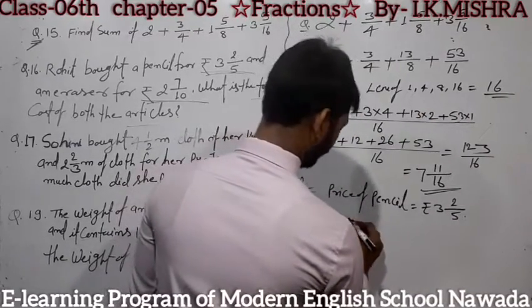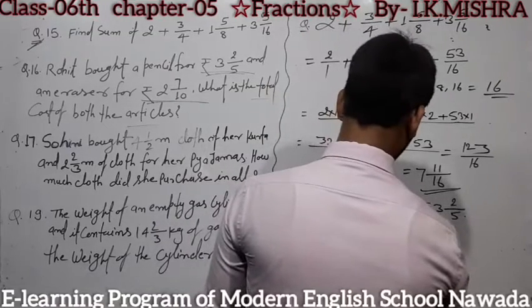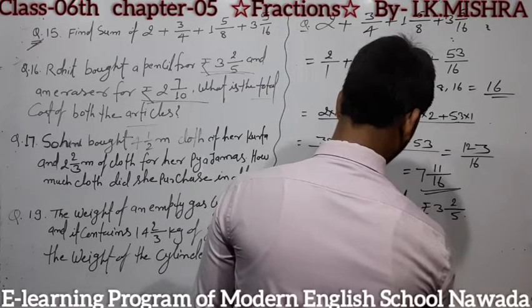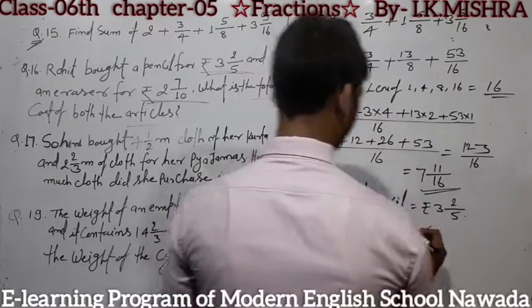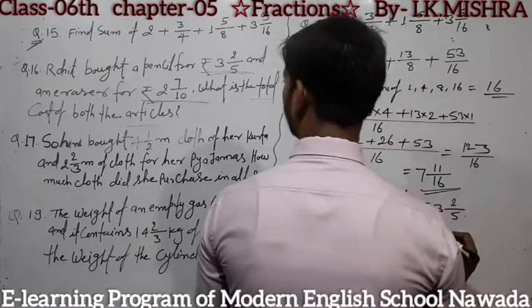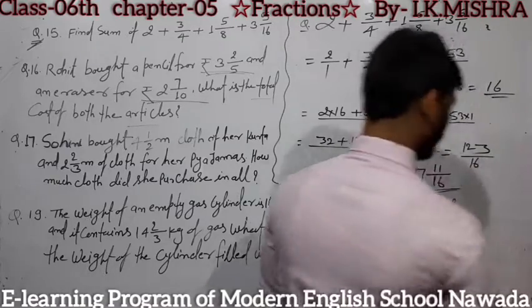Price of eraser is equal to rupees 2 whole 7 by 10.